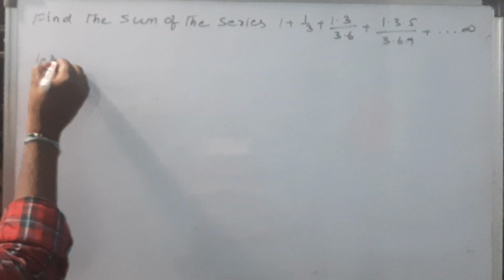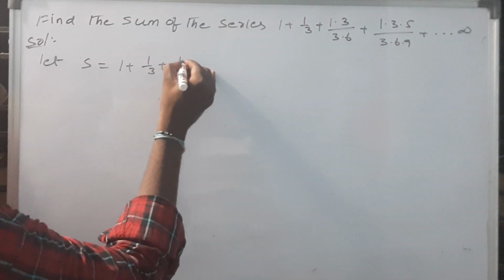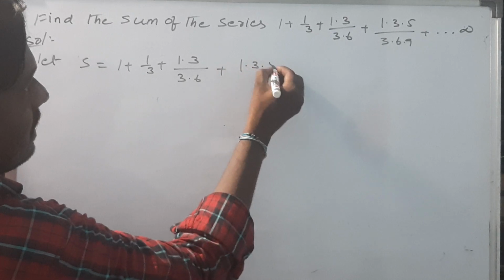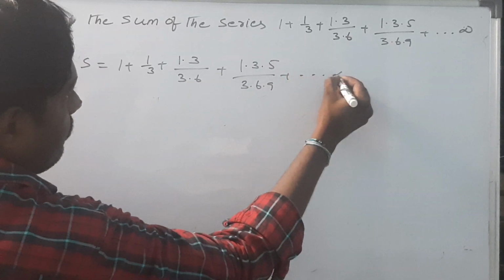See the given solution. Given series, let S be equal to 1 plus 1 by 3 plus 1 into 3 by 3 into 6 plus 1 into 3 into 5 by 3 into 6 into 9 plus and so on to infinity.